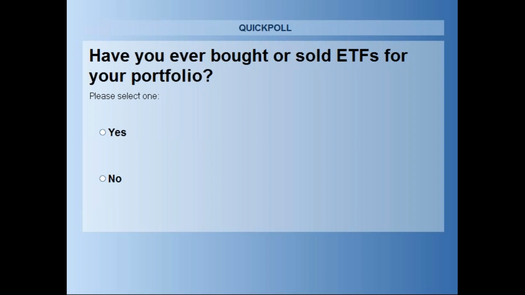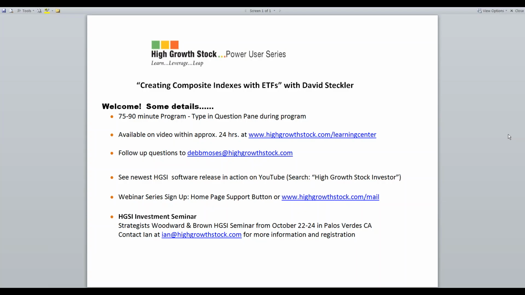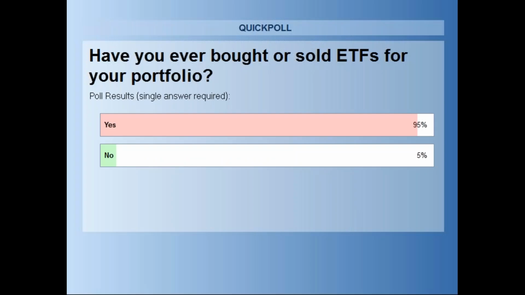I think we're pretty much there. I think we've got our results. Okay, and now I'm going to share them with everybody. And it looks like a great majority of our audience has bought or sold ETFs. And so Dave can address this as part of his presentation. Dave, you can see these numbers? Yes. Good. Okay. And now I'm going to hand it over to Dave.